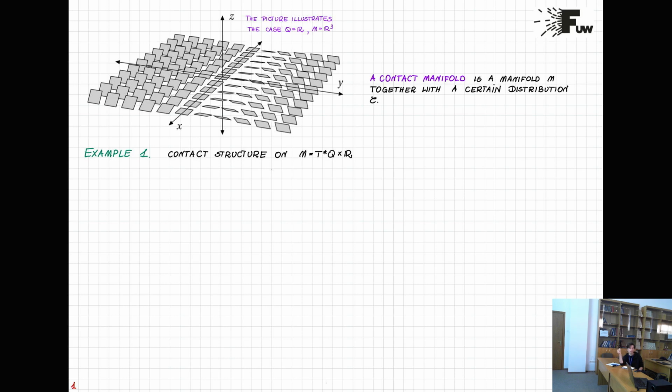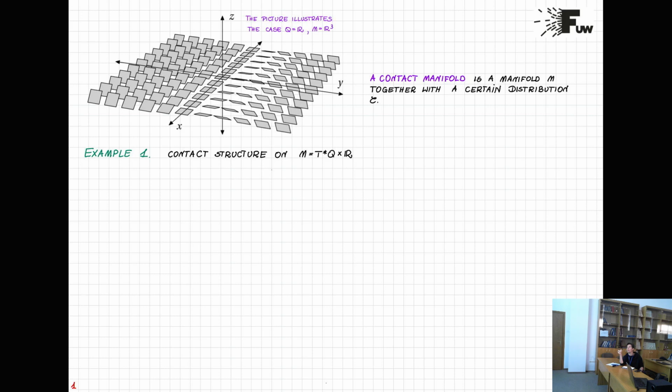Then we speak about Lie groups. So all those examples are examples of so-called differential geometric structures, and we will be discussing a different kind of structure, namely a manifold together with a certain distribution.